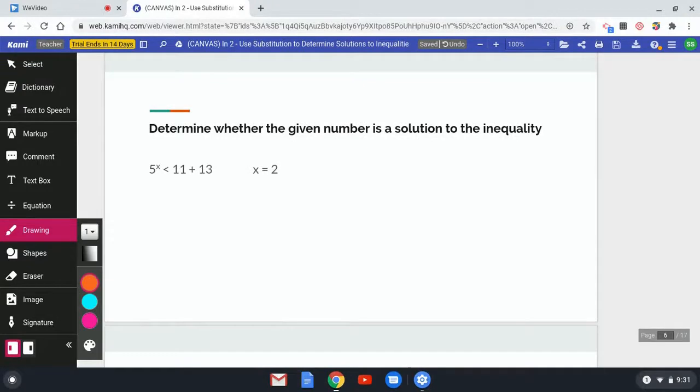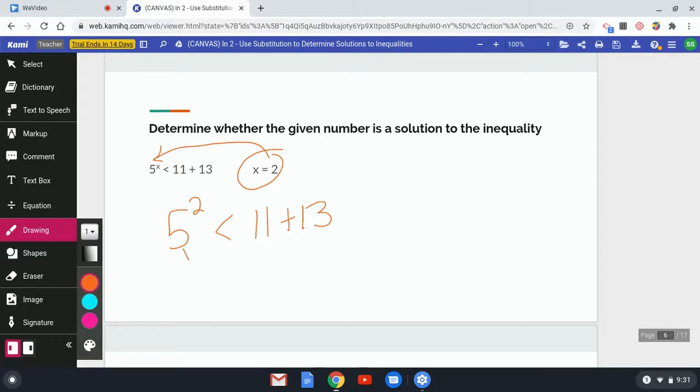All right, pause and try this one. Oh, welcome back. This one might have been a little tricky. Let's see. 5 to the x power is less than 11 plus 13. So wherever I see x, I'm going to substitute and use 2. So 5 to the second power is less than 11 plus 13.